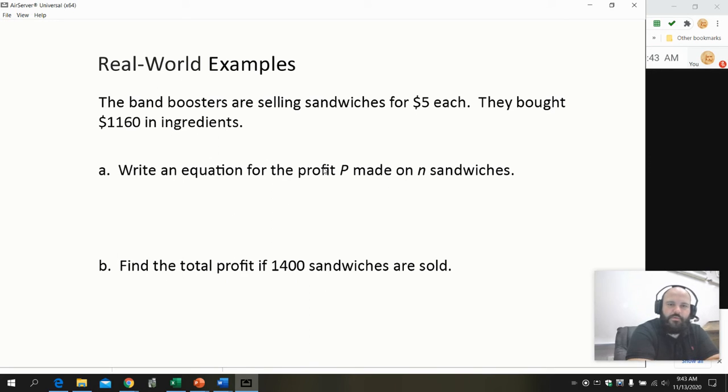It says the Band Boosters are selling sandwiches for $5 each, and then they bought $1,160 in ingredients. And so they would like us to write an equation for the profit P made on N sandwiches. So the way that you get profit is equal to your revenue minus cost.